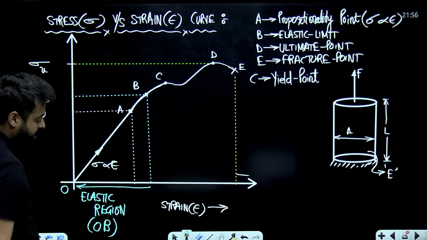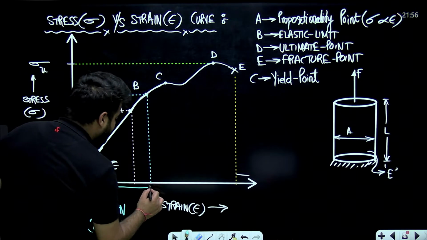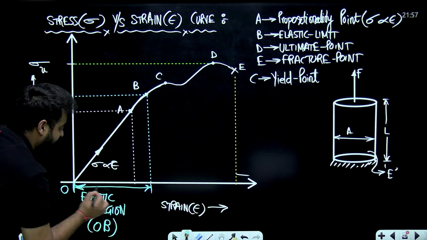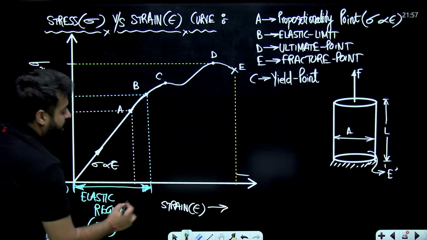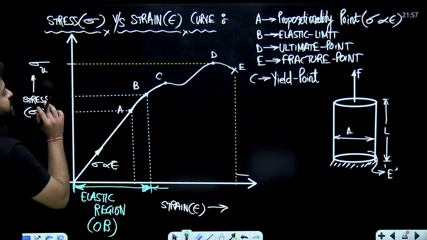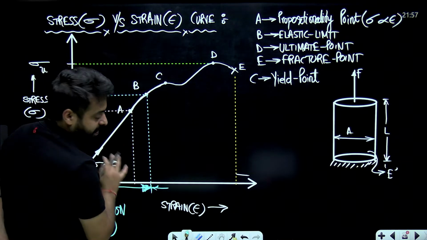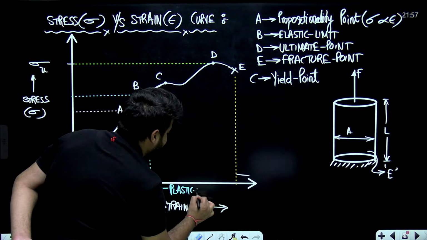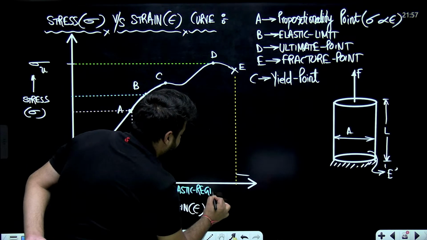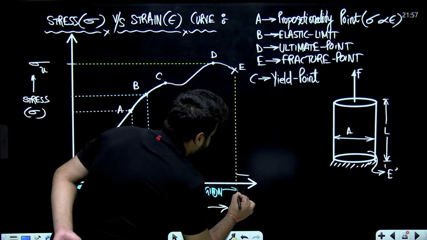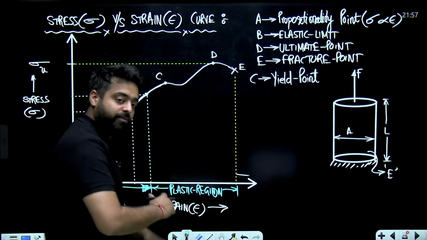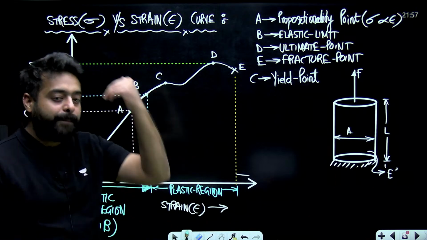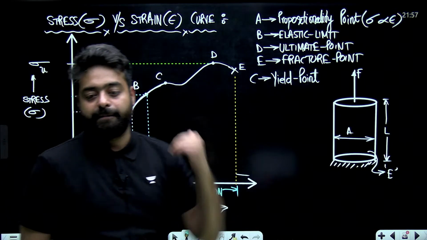This is the O point, where you can regain your shape and come back to your original shape. But if you apply slightly more stress than the B point, you will enter the plastic region. Plastic region means that after that, if you remove the force, if you remove the stress also, there will still be a permanent deformation.